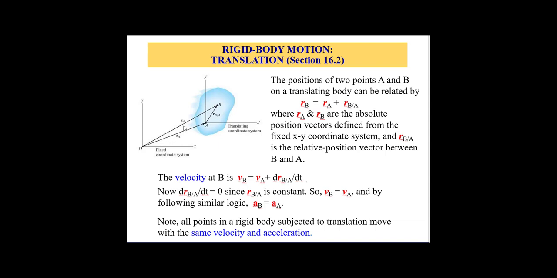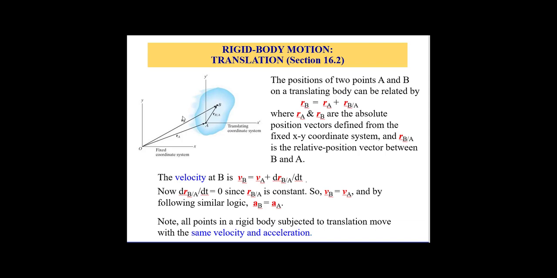So if I want to measure the position of B with respect to A, it's as if there is a person on A looking at B and saying, okay, the position of B with respect to A. So there is a relation.